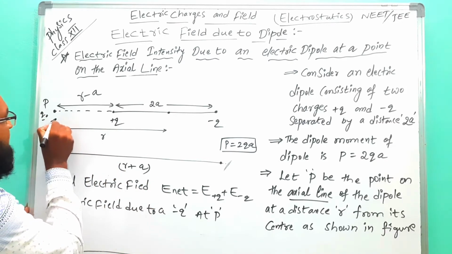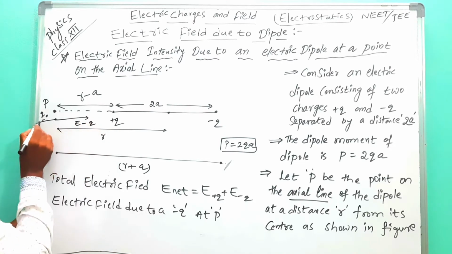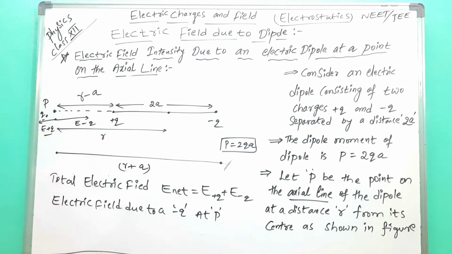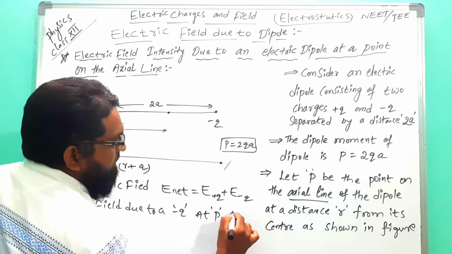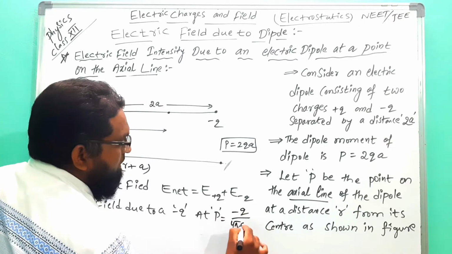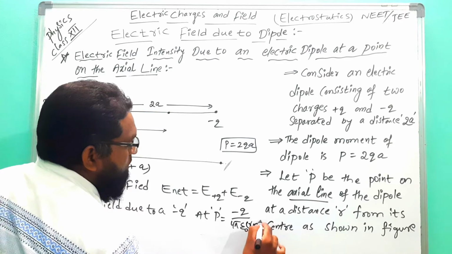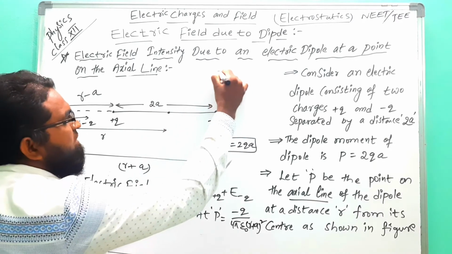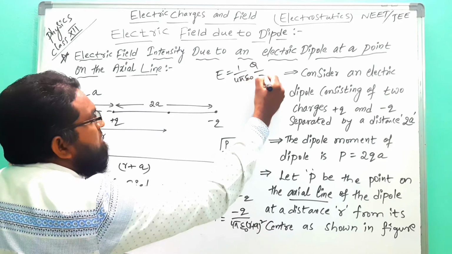First, I am writing here the electric field, this is the E negative and this is the E positive. Here the negative electric field is minus q by 4 pi epsilon naught, times r plus a whole square. The electric field definition is E equal to 1 by 4 pi epsilon naught q by r square.